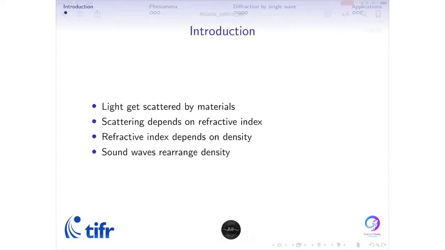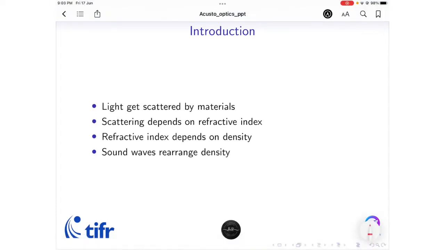So if a sound wave passes through a crystal, suppose this is a crystal, we know that the sound wave is basically a pressure wave, and the crystal's density will get rearranged in a periodic manner.